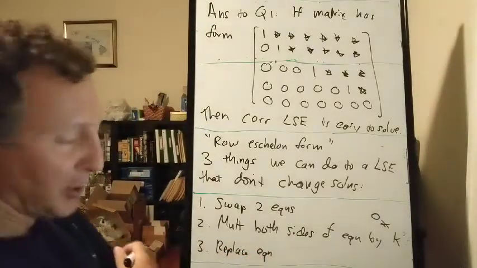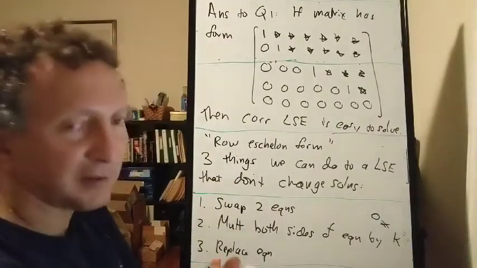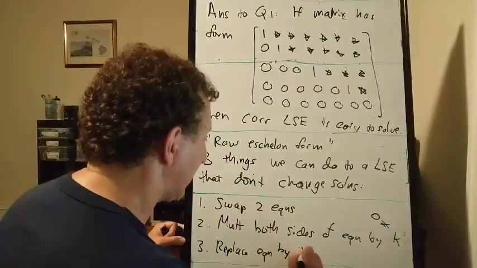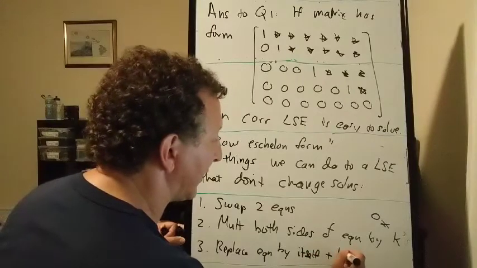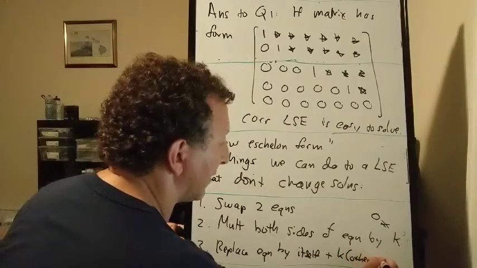And the third thing we can do is we can replace an equation by itself plus a multiple of another equation. I'll write k times other equation.